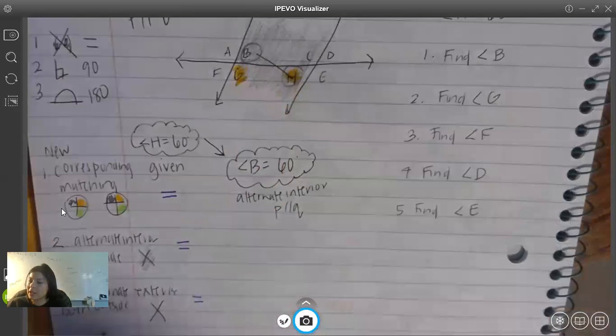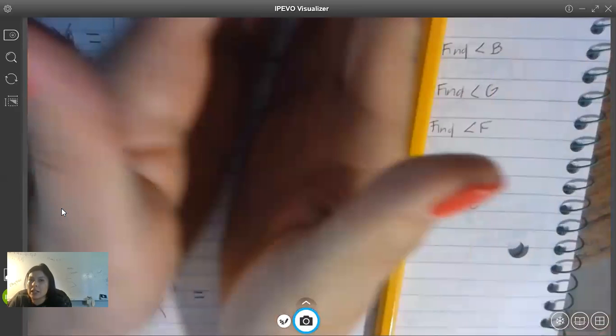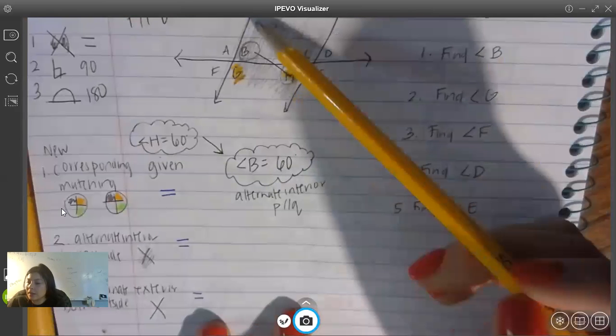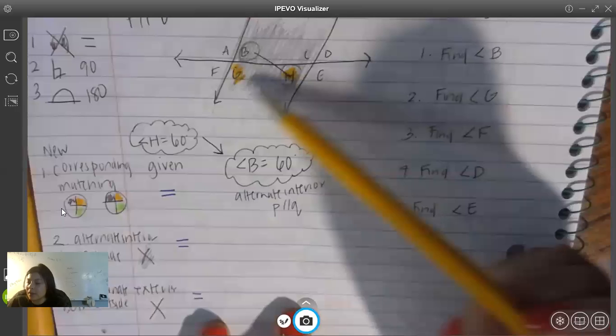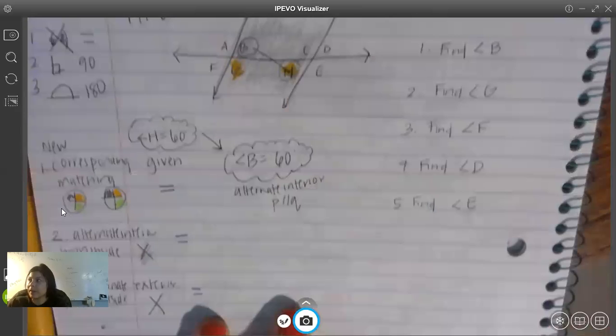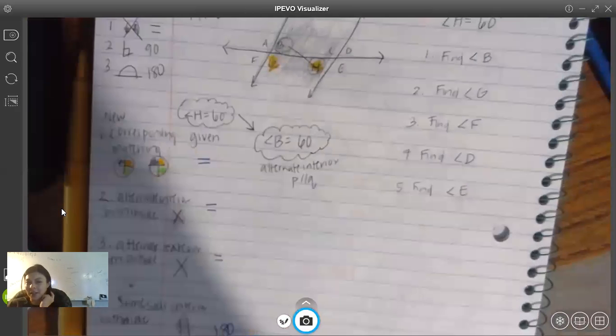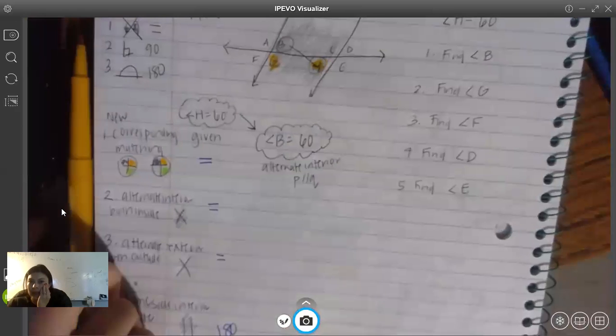Yes, look. This is the inside part. These are the lines. It's inside. You see the lines? Both of them are inside. Yes, they're inside, right?